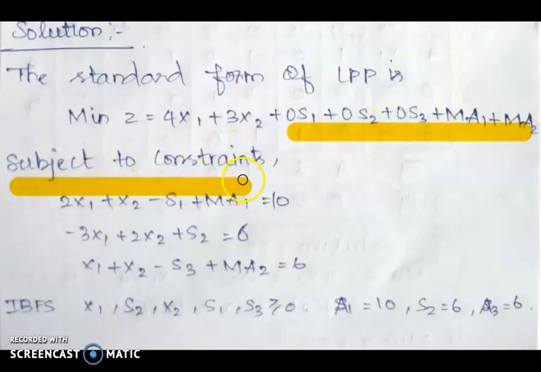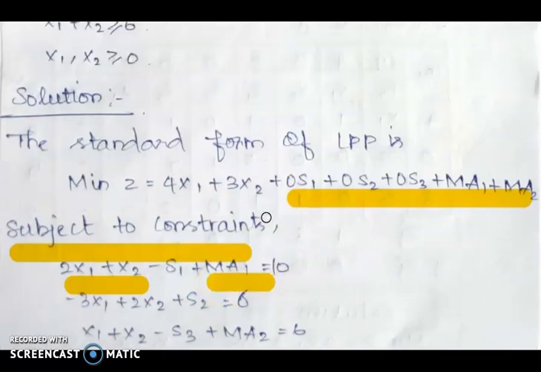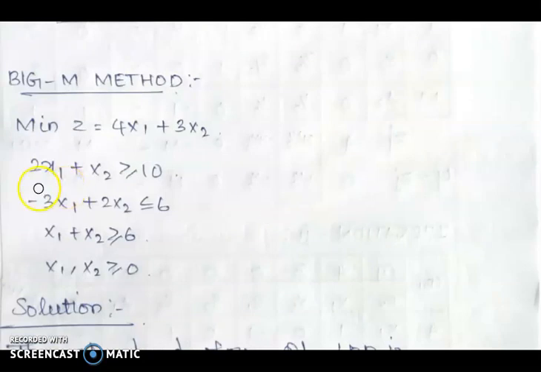Subject to the constraints, in the first equation we have 2x1 plus x2 greater than or equal to 10. Since it is greater than, we have to add a surplus variable plus, in the Big M method, an artificial variable a1 equal to 10.